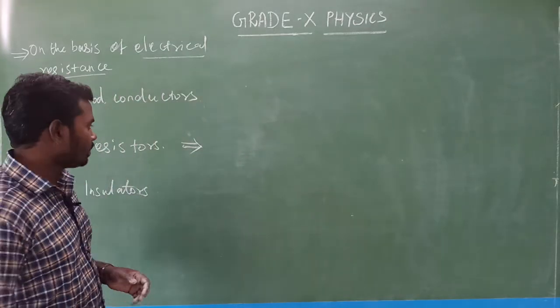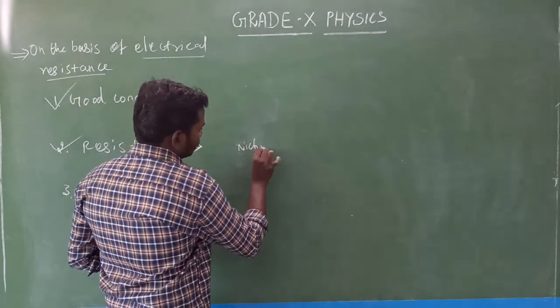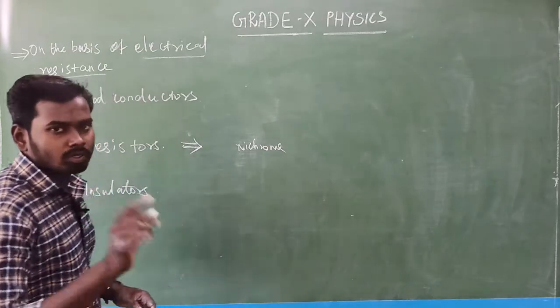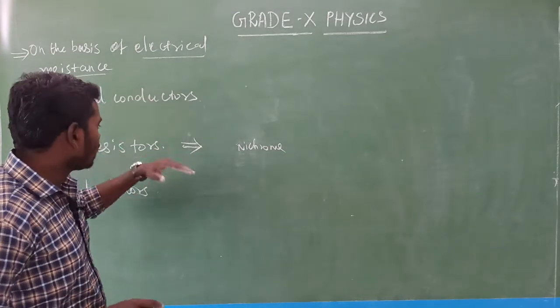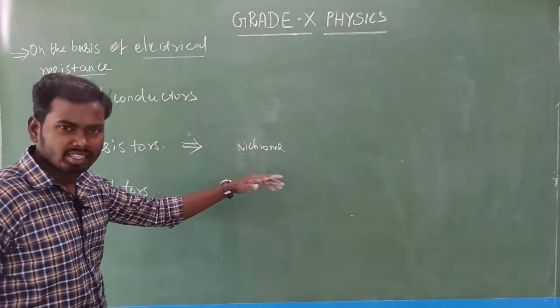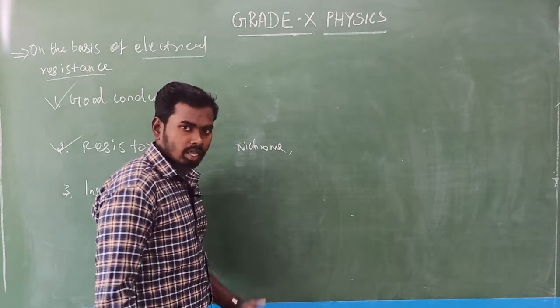For example, the nichrome. See, nichrome is not an example of a good conductor. Nichrome is also a conductor, but not a very good conductor. You consider this a resistor. So nichrome is one of the resistors.